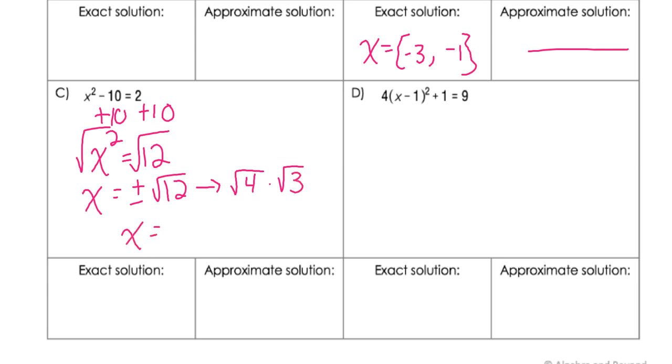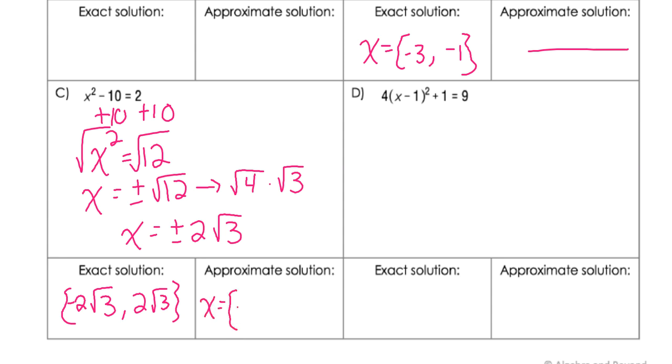So I get that x is plus or minus 2 root 3. So those would be my exact solutions. Negative 2 square roots of 3 and positive 2 square roots of 3. And then my approximate solutions, if I type those into my calculator and got the decimal version, I would get about negative 3.46 and positive 3.46. So when they're square root answers, we can find approximate solutions.